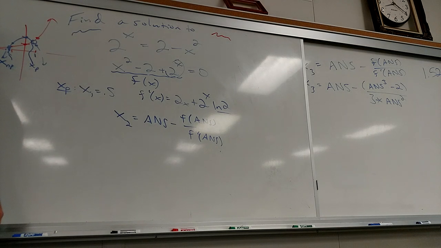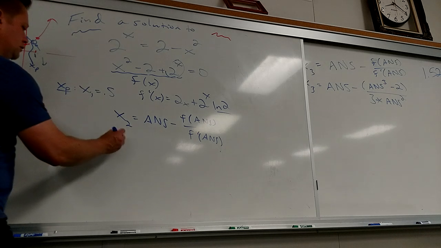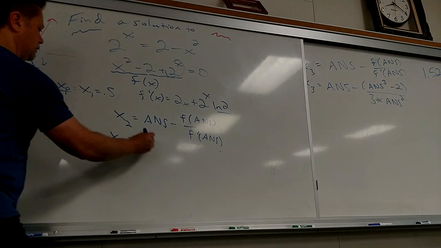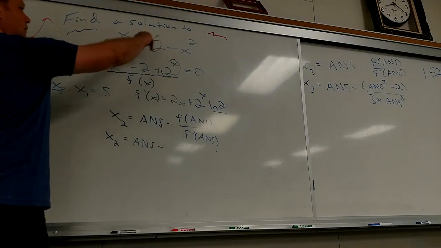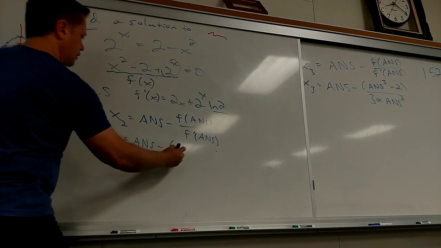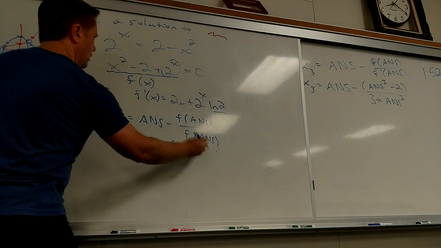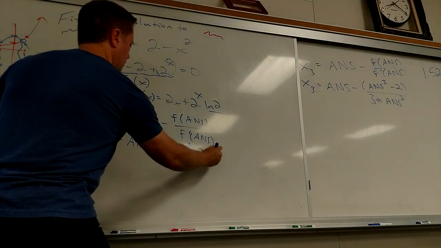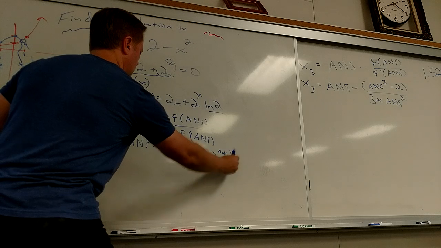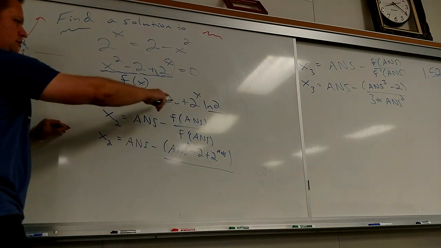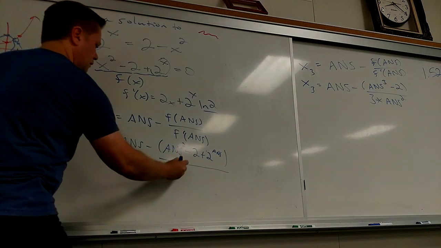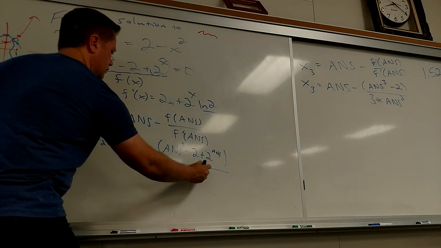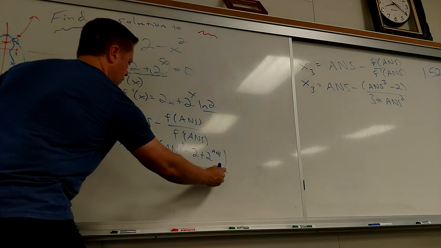Now let me be a little more precise for myself. x2 is going to be answer minus answer squared minus 2 plus 2 to the answer, divided by twice answer plus 2 to the answer natural log of 2.